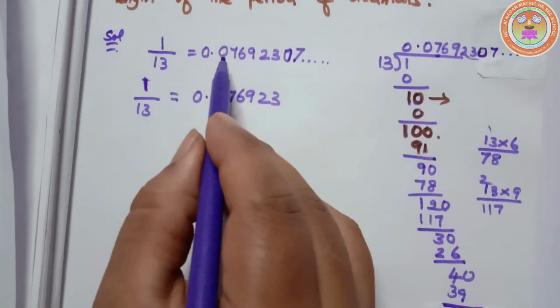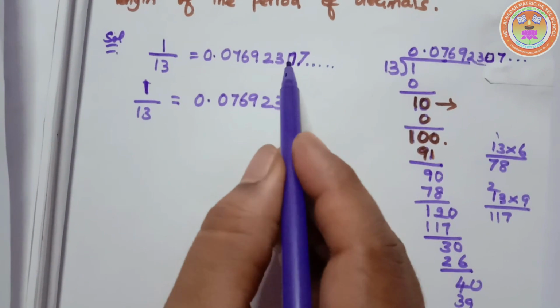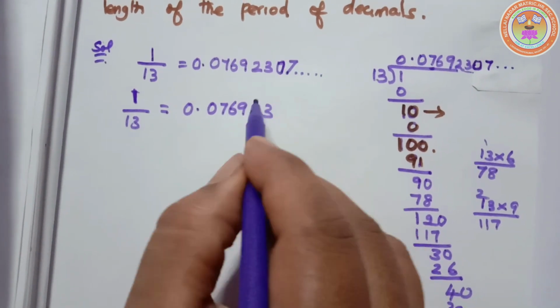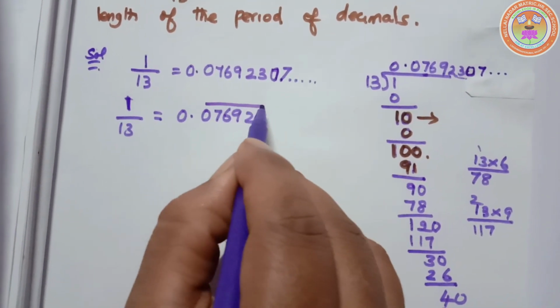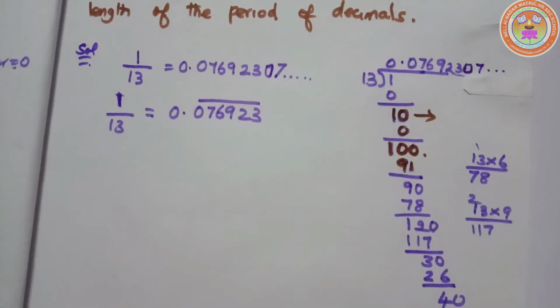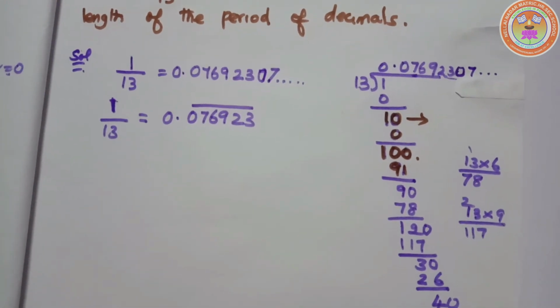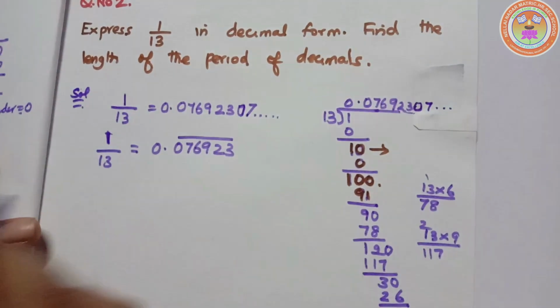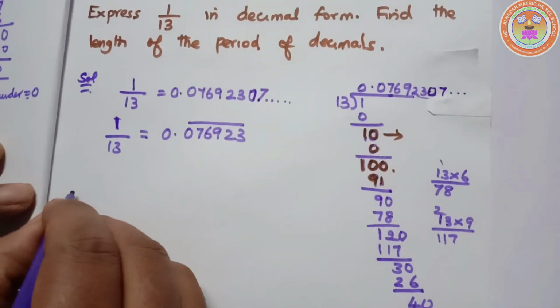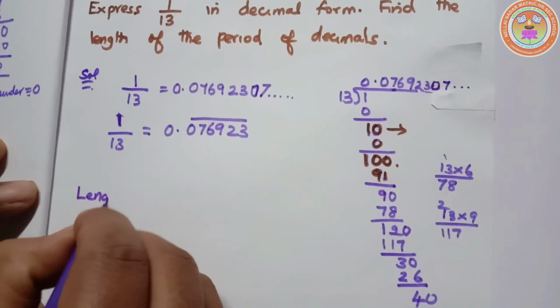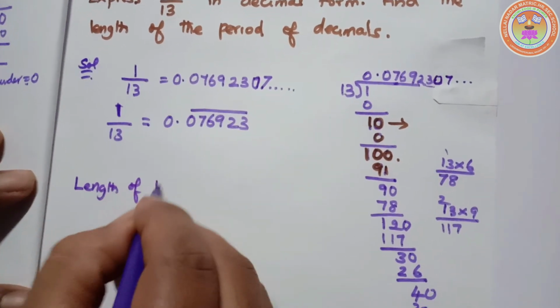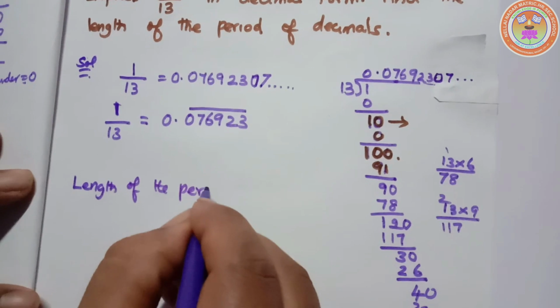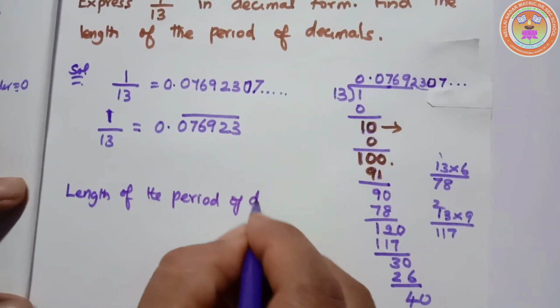See, so you have to put the bar on 076923, since 07 comes again. Right? Actually this is a non-terminating and recurring decimal. Now the question is you have to find the length of the period of decimal.